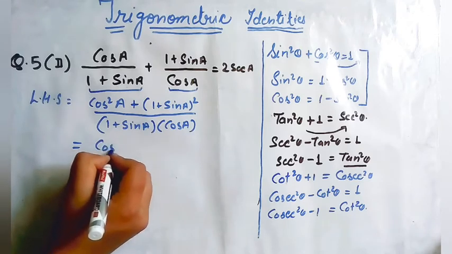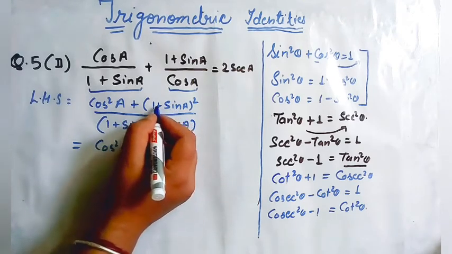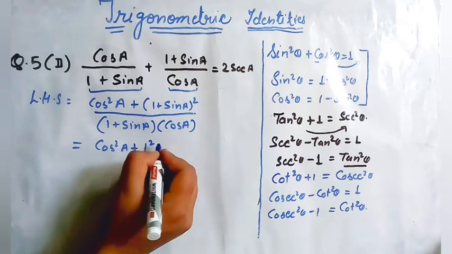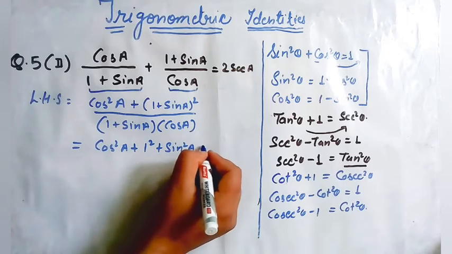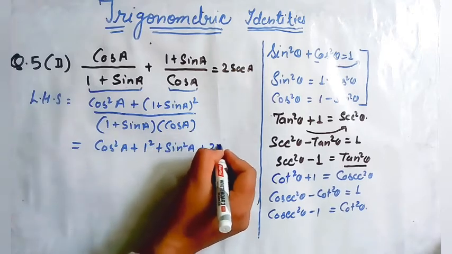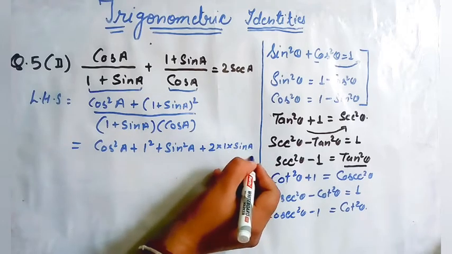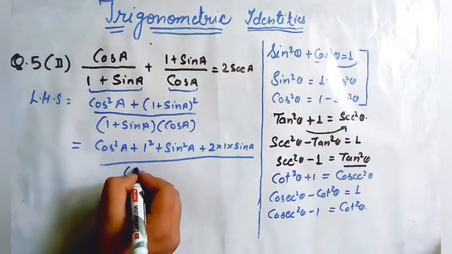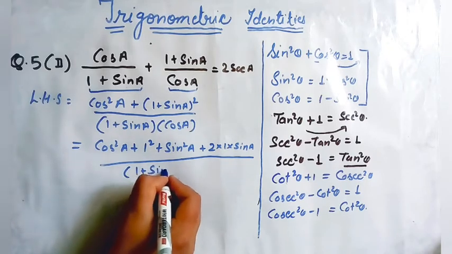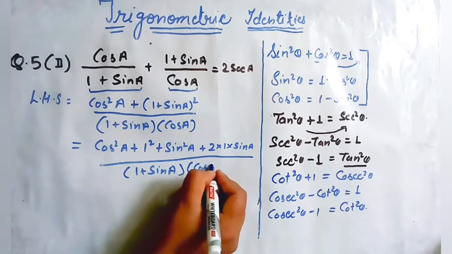Now simplify the numerator, cos square A plus here A plus B whole square, which is A square plus B square plus 2 into A into B whole upon denominator as it is 1 plus sin A whole multiplied by cos A.